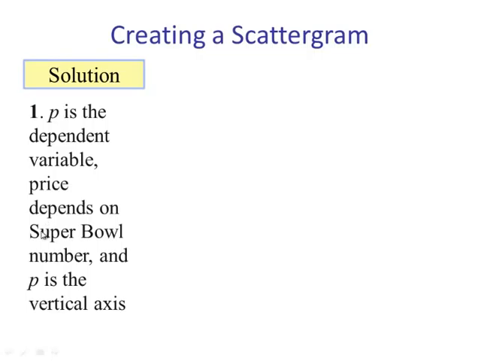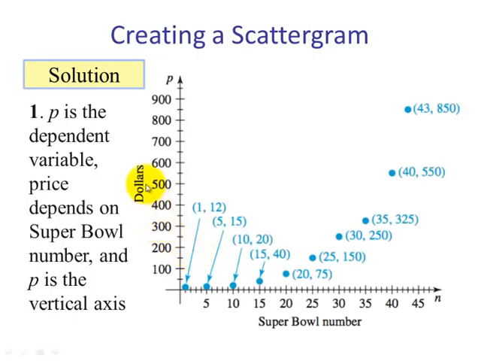Price depends upon the Super Bowl number, and P is on the vertical axis. Here we have our units, dollars. On the horizontal axis is our independent variable N, Super Bowl number. And if we take each ordered pair and we plot them, this is the graph that we get. And we call this a scattergram.